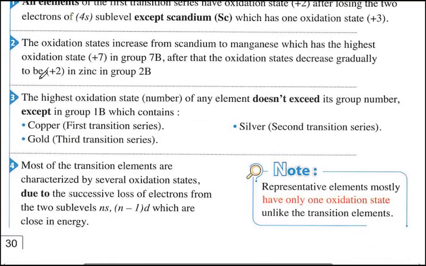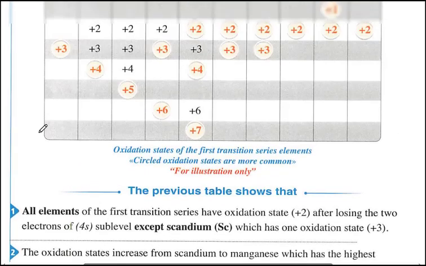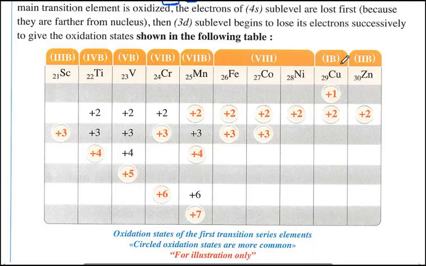Okay, here the oxidation state does not exceed the number of the group. This is except the coinage metal group. Here we see group 3b and the main oxidation state does not exceed 3. 4b, titanium, and the highest oxidation state does not exceed positive 4, which is the number of the group. Here group 5b and the high oxidation state for vanadium does not exceed the number of the group.